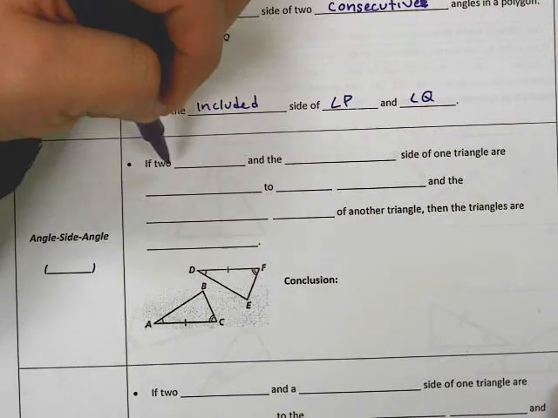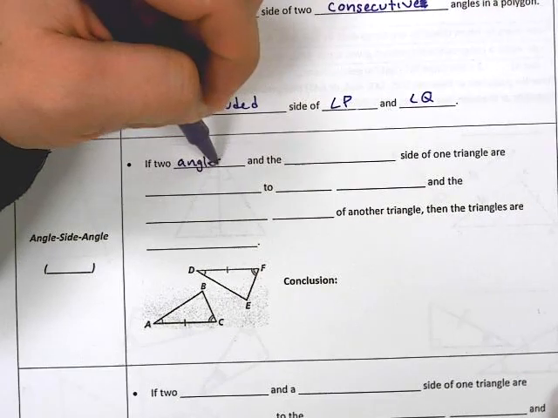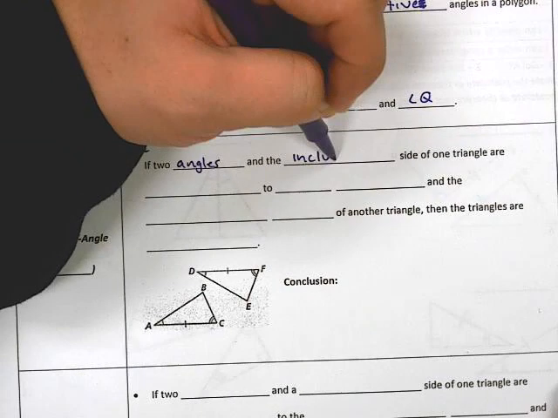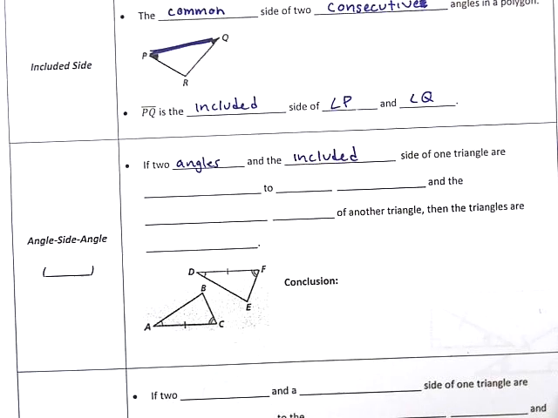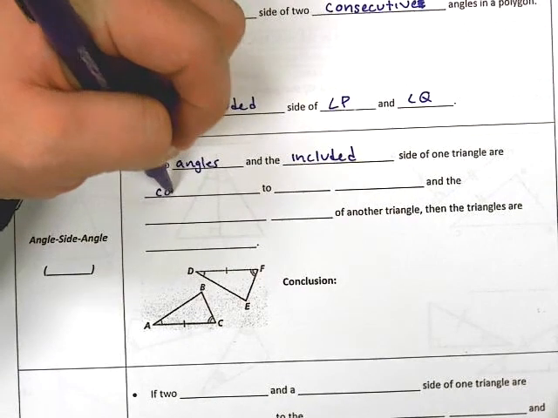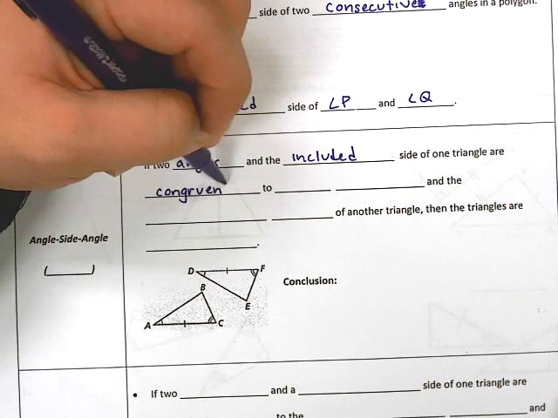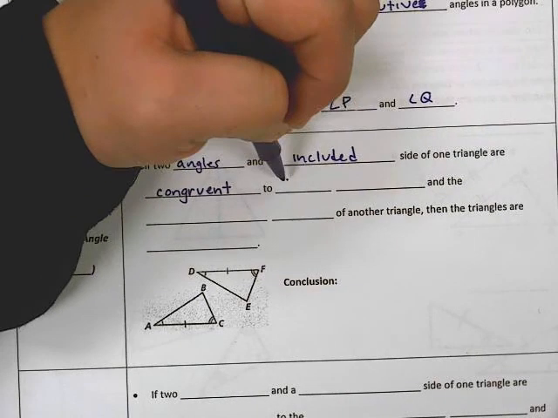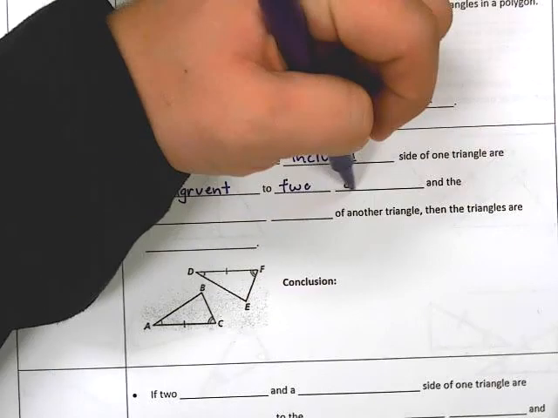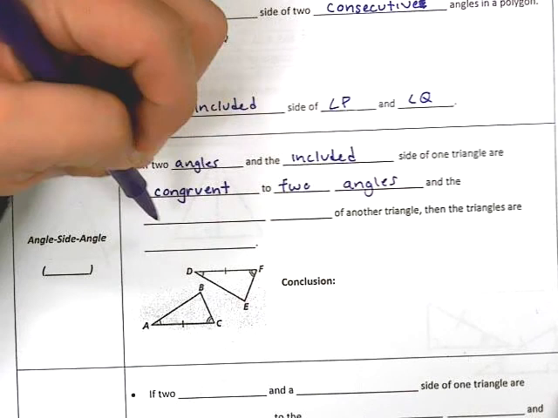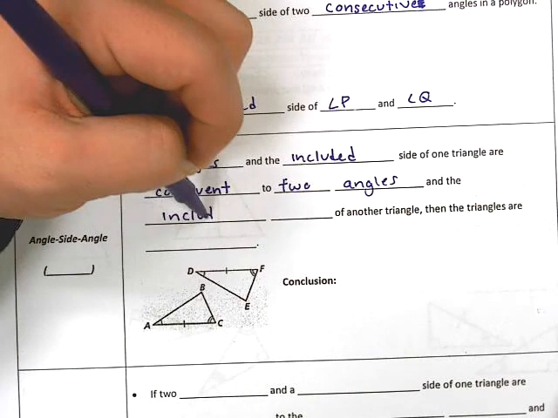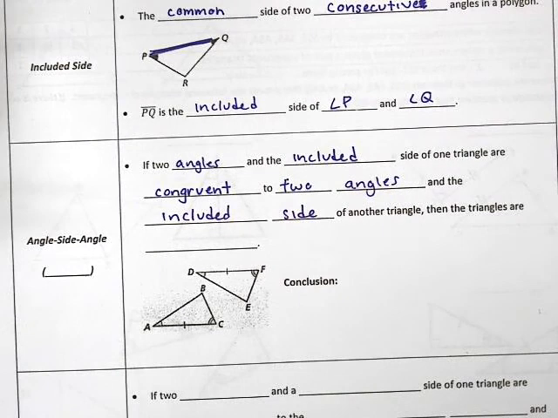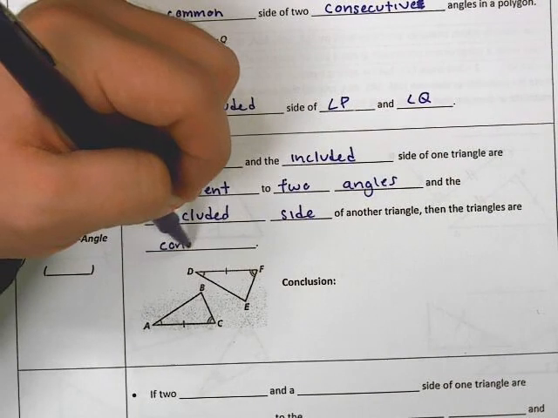If two angles, excuse me, and the included side of one triangle are congruent to two angles and the included side of another triangle, well then the triangles are, you guessed it, congruent.